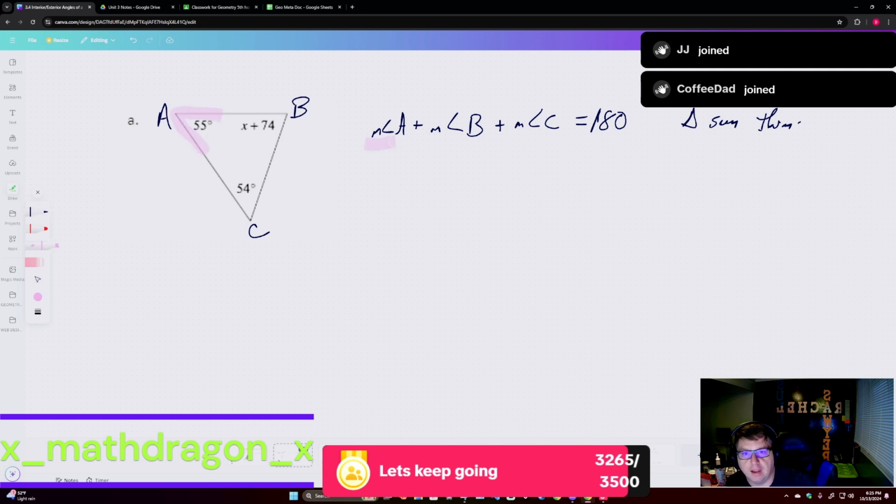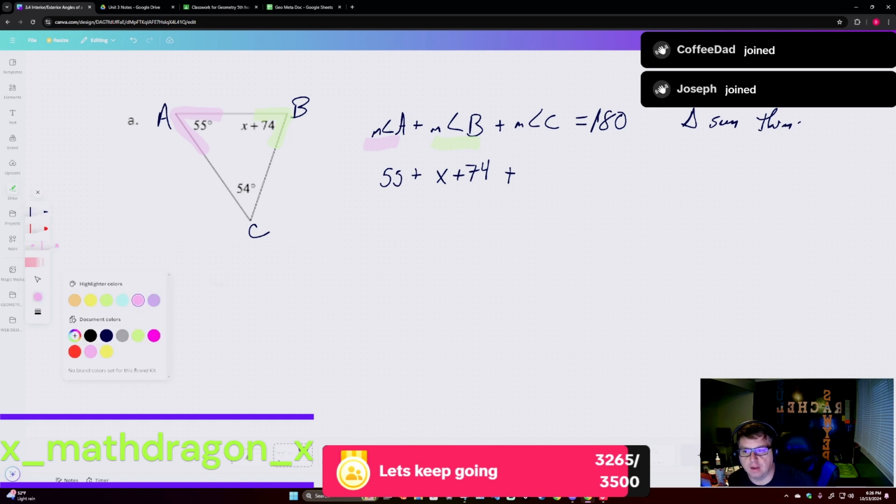Then we can substitute our values in. So angle A really is going to be 55 plus, we can go with the measure of angle B. Angle B is going to be x plus 74 plus the measure of angle C. And angle C right here is going to be 54.